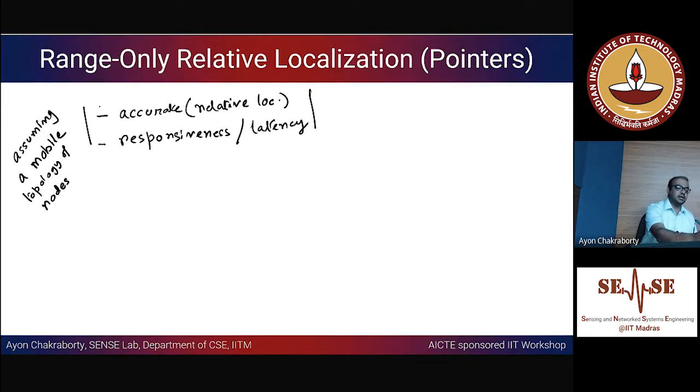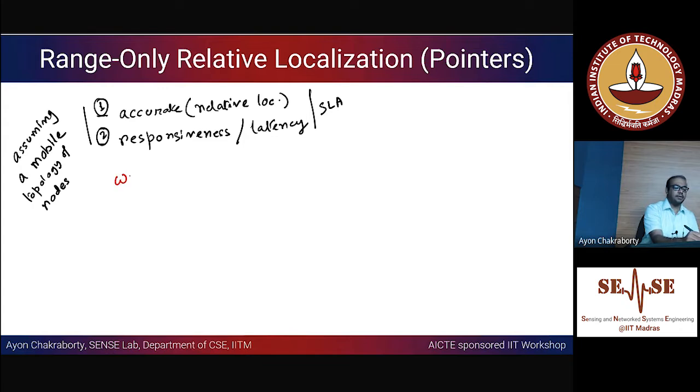We need to be accurate first, and we need to have a decent responsiveness of the location update rate. So this is like an SLA. You have to give me a location every 1 second, or every 2 seconds. There could be a certain criteria.